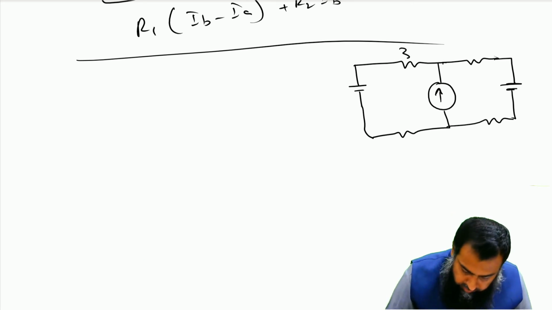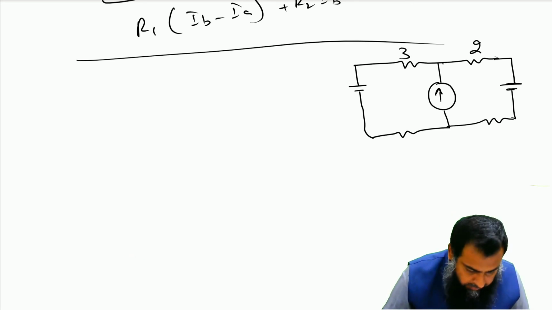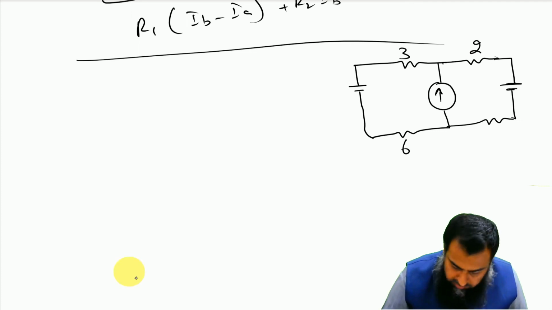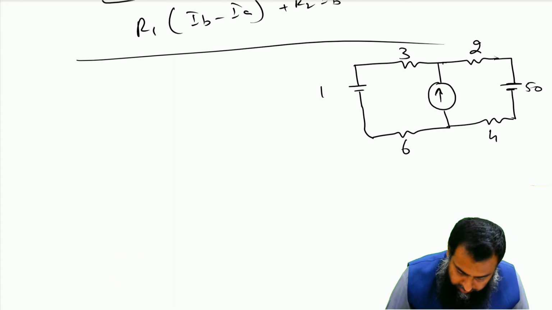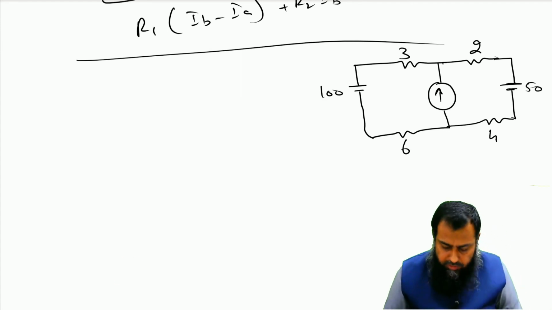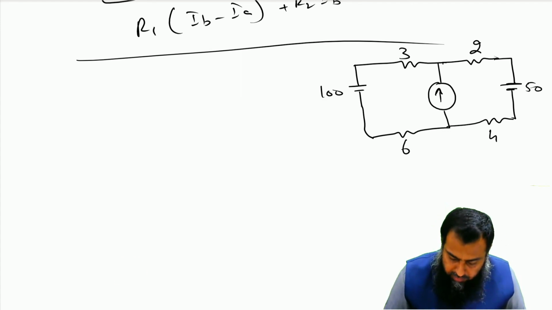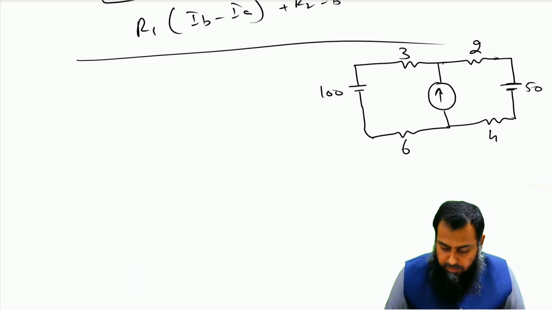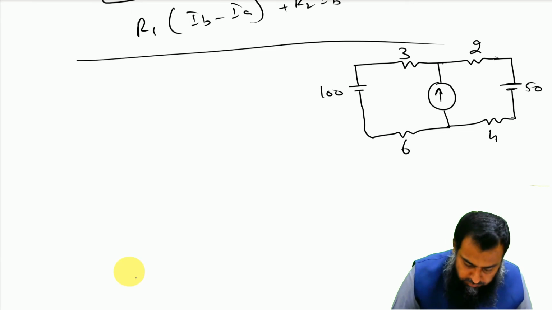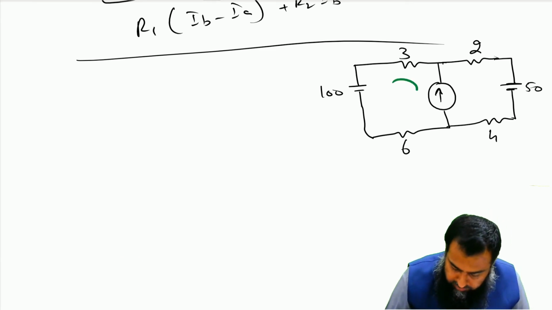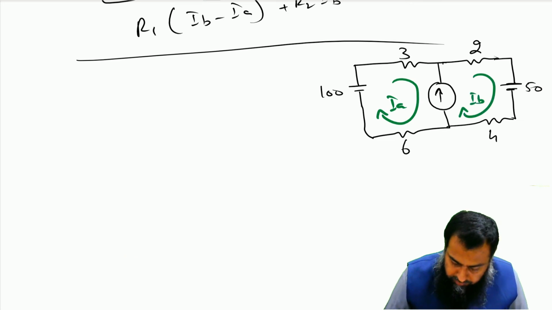So let us say this is 3, this is 2, this is 6, this is 4, this is 50, this is 100. Now in this given circuit we have two mesh that we need to solve, but the problem is that we have a current source common between the two adjacent mesh. So first of all, let us assume what is IA and what is IB. Let us say this is IA and this is IB, right?